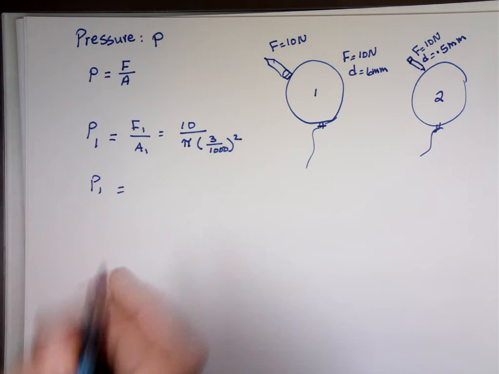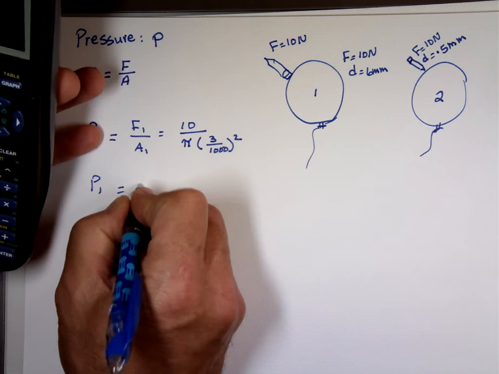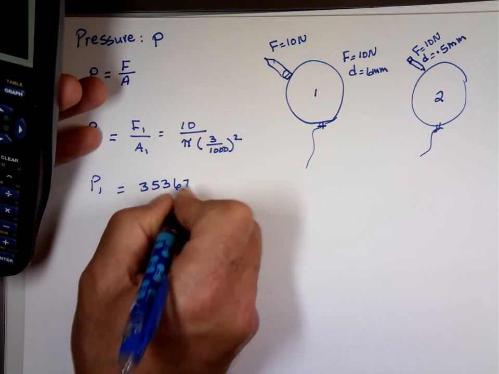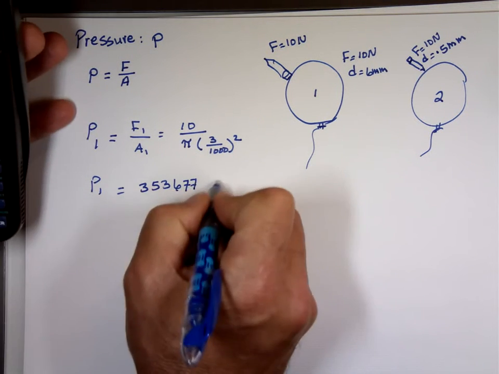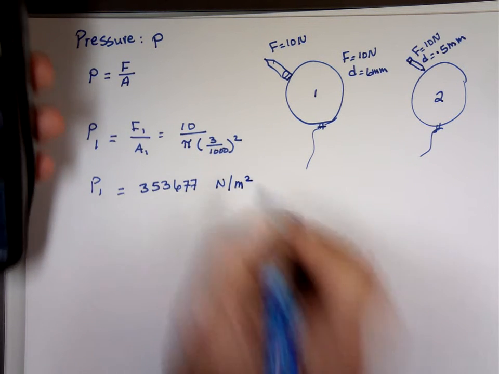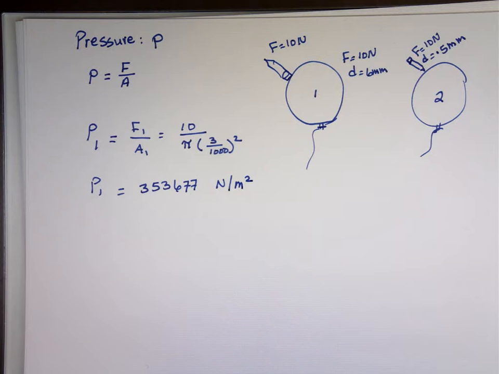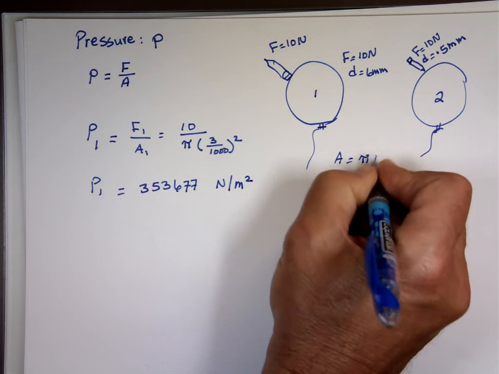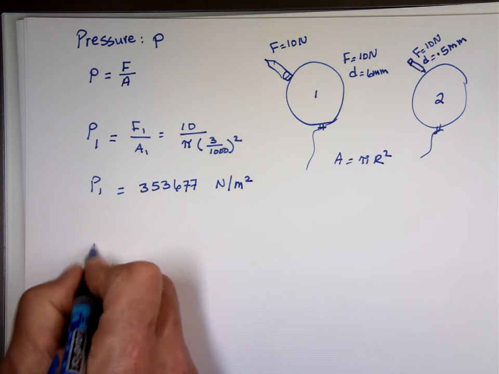So the first pressure is 35,367. The unit for that is Newton per meter squared. Again, the area for a circle is pi r squared. That's what I'm using.